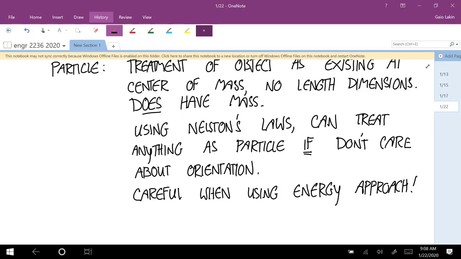So, for example, if you have something rolling down a hill and you plan on treating that thing as a particle, it starts with potential energy. A lot of that potential energy goes to making it rotate. And so you'd be wrong about the speed that you have at a certain point. But using Newton's laws, you can treat anything as a particle if you don't care about orientation and moments and stuff.